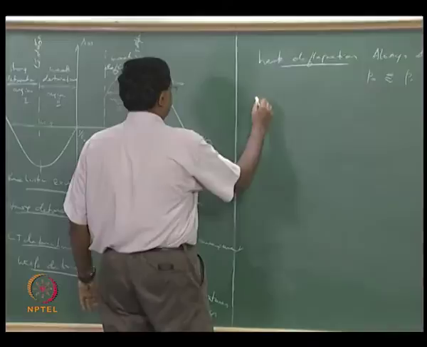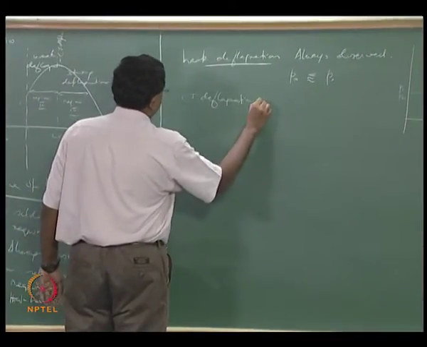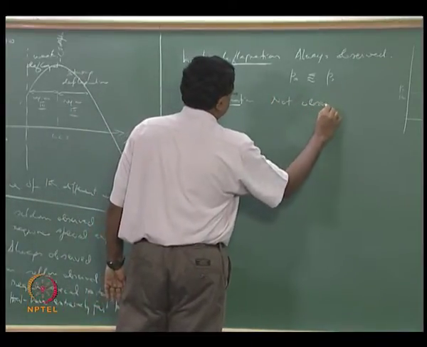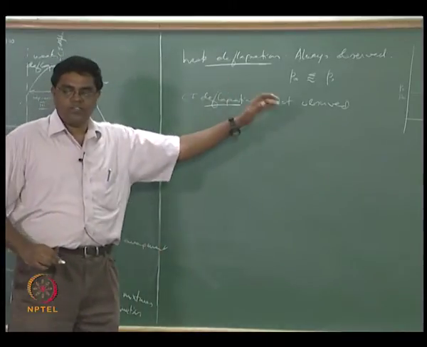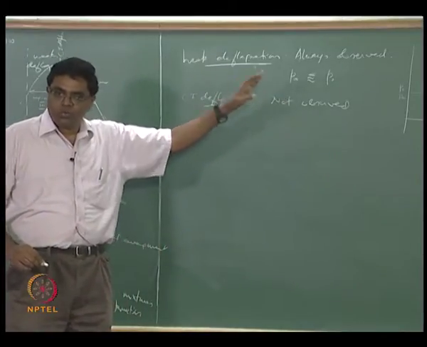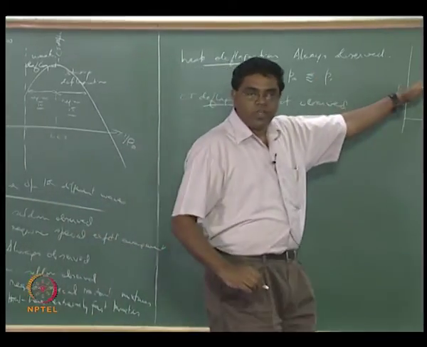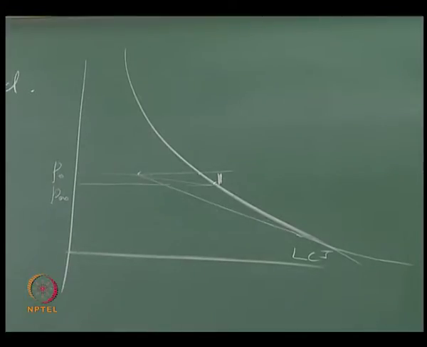Correspondingly, if you are now thinking about a CJ deflagration, you simply have to say not observed. This is primarily coming from the numerics. If you just put the numbers in, you will find that you can't get the pressure to decrease significantly at all for the downstream case to get down to a CJ level.